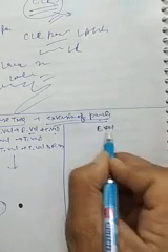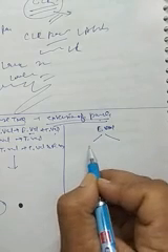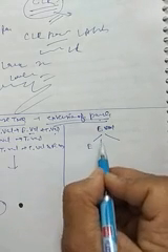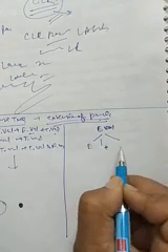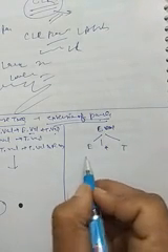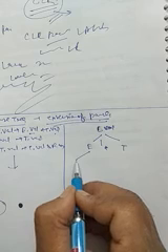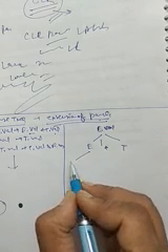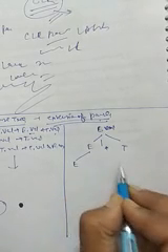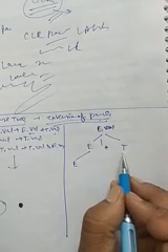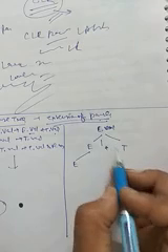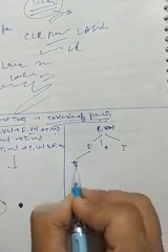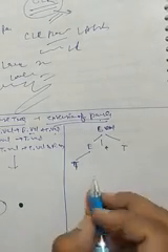So the parse tree for the expression will be: e to e plus t, then e to t.